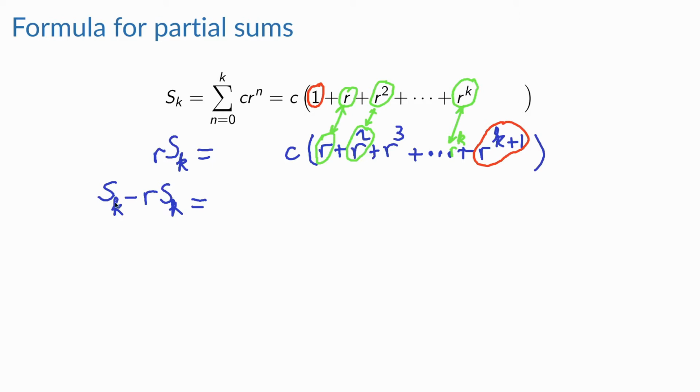So when I take S_k minus r times S_k, my c factors out in front, and then I get that 1, and then I get minus r^(k+1). And I'm going to go ahead and circle these in red because I had them in red on the previous line.